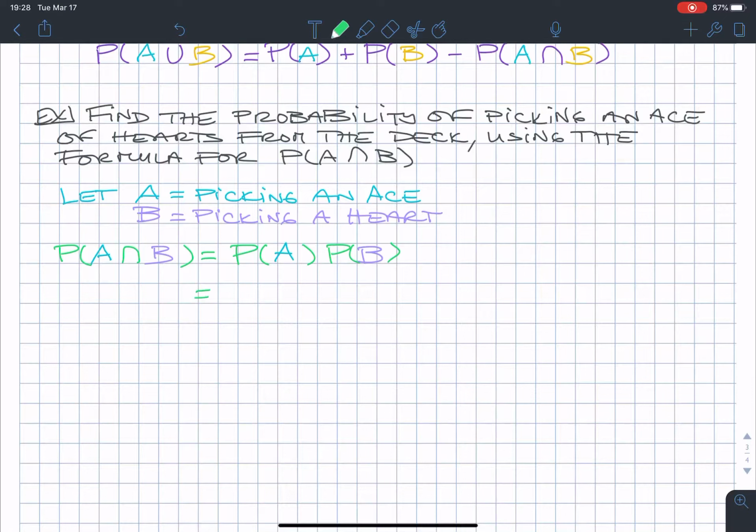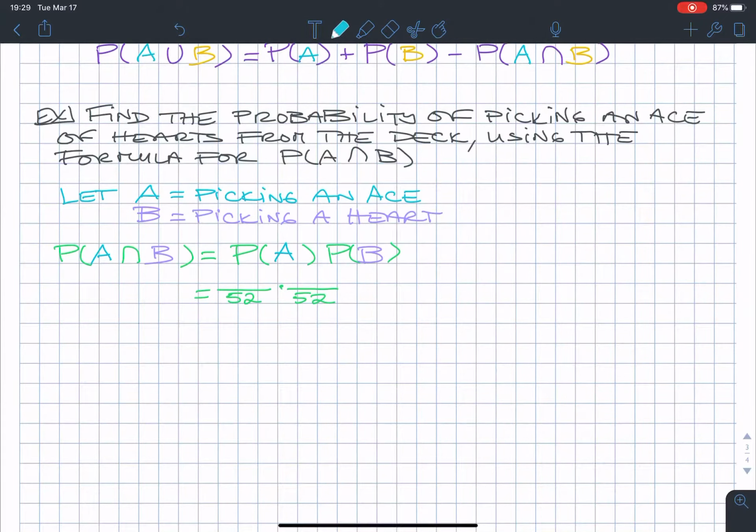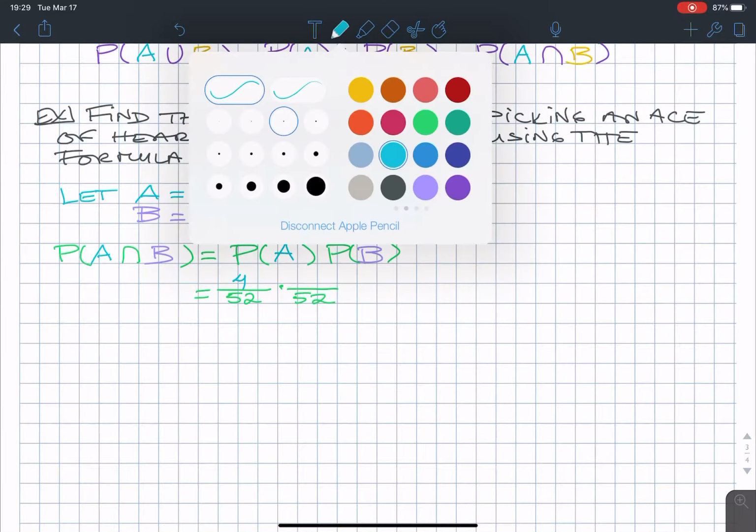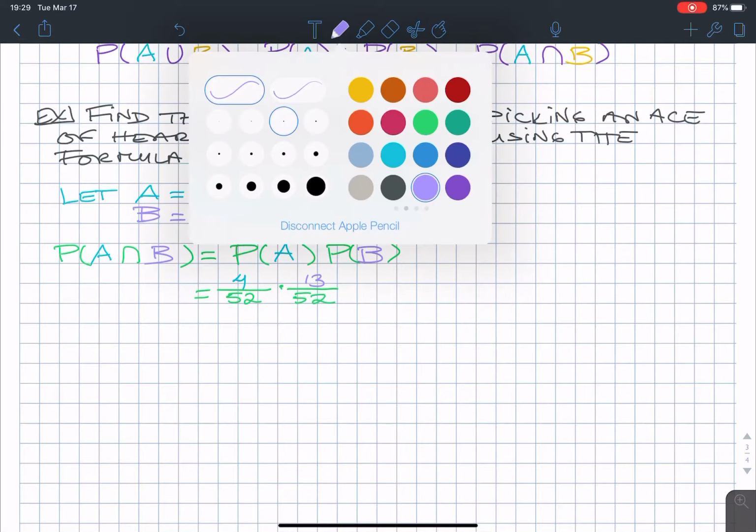Well, the probability of picking an ace, so how many aces are there in 52 cards? Times the probability of picking a heart, how many hearts are there in 52 cards? So there are 4 suits, meaning 4 aces, in 52 cards. And there's a whole suit of hearts, meaning 13 out of 52 hearts. But these reduce.